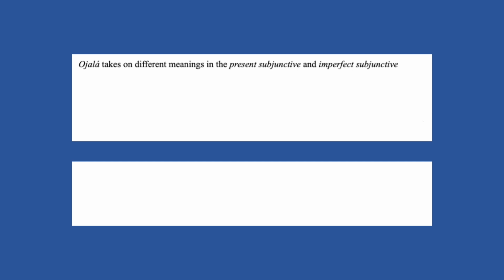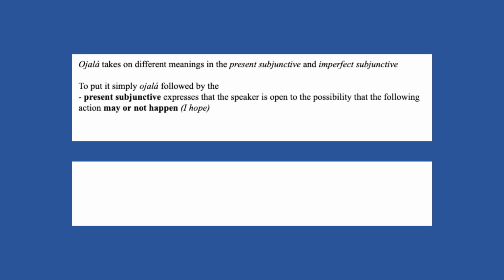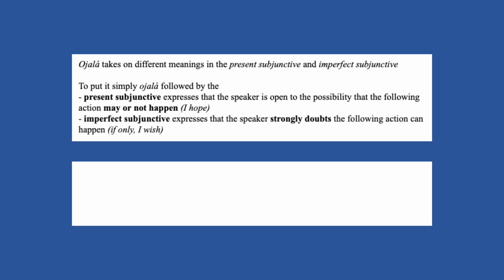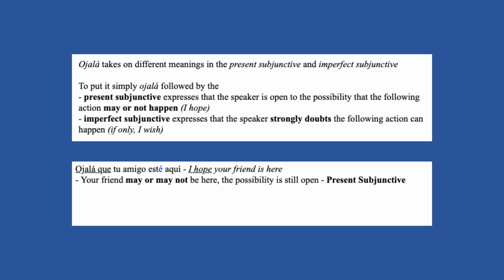Ojalá takes on different meanings in the present subjunctive and imperfect subjunctive. To put it simply, when followed by the present subjunctive, it expresses that the speaker is still open to the possibility that the following action may or may not happen. But the imperfect subjunctive with ojalá expresses that the speaker strongly doubts the following action can happen. Ojalá que tu amigo esté aquí.